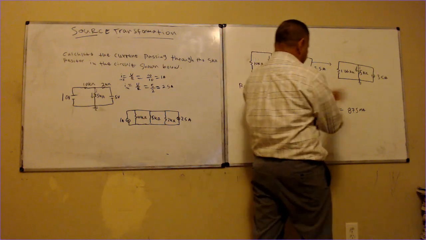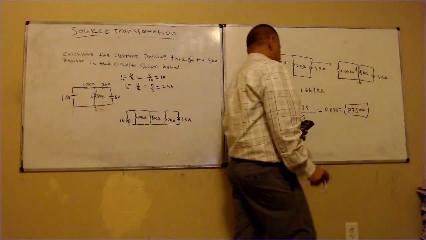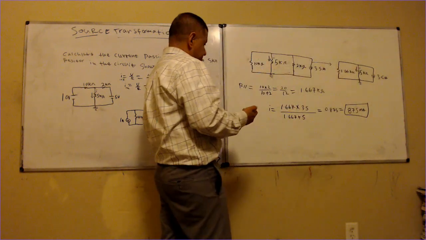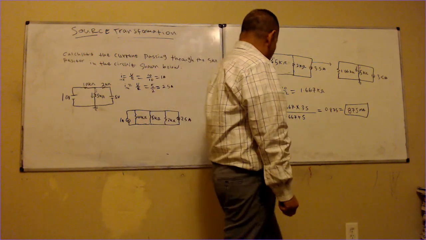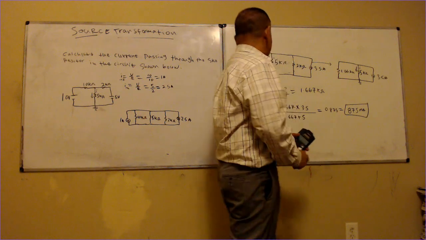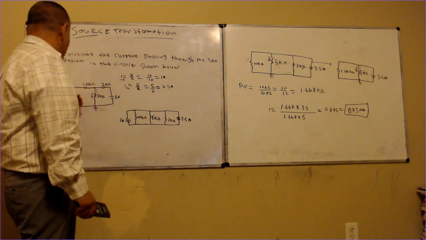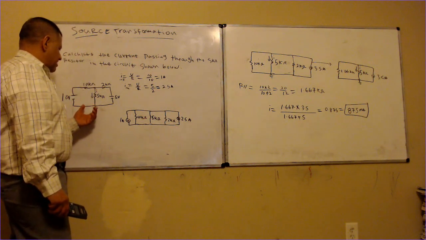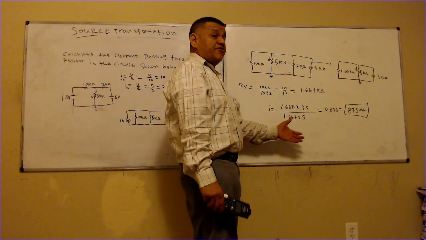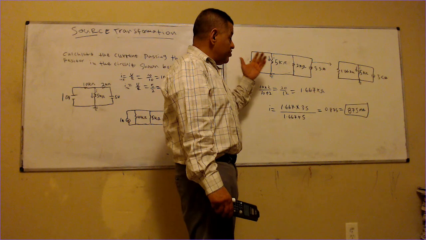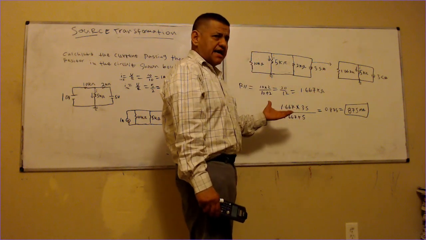So that's how you get the current in a problem like this using source transformation. Of course, you could use something else. You could use node analysis, but in this case we're doing source transformation, so you get the same answer by doing source transformation, or nodal analysis or mesh analysis.